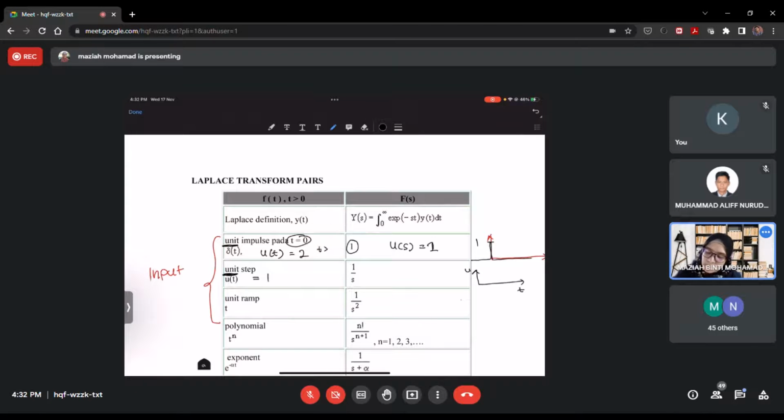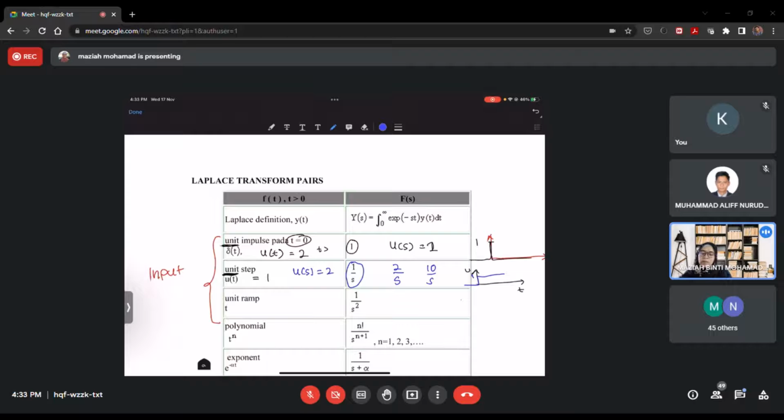For the unit step, in Laplace form it is 1 over s. If the unit is 2, in Laplace transform it becomes 2 over s. If the unit is 10, it becomes 10 over s.